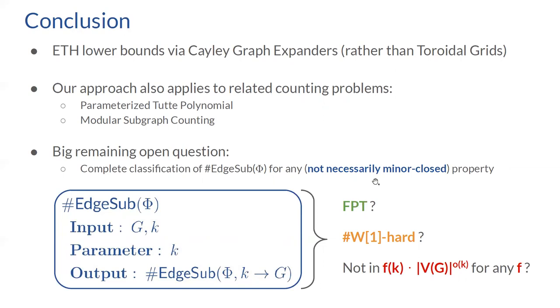Again, in this talk, we have seen that for minor-closed properties, we get an explicit condition which is sufficient and necessary for being fixed-parameter tractable, but we don't know that yet for not necessarily minor-closed properties. So it would certainly be very interesting if a similar classification holds true for indeed any graph property phi.